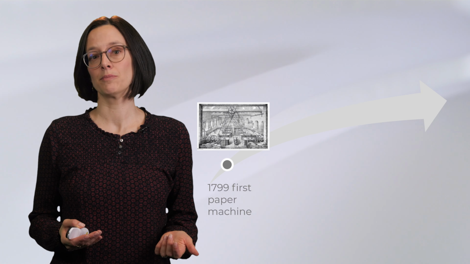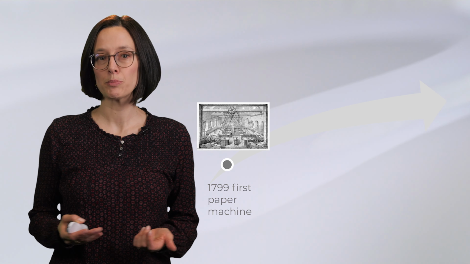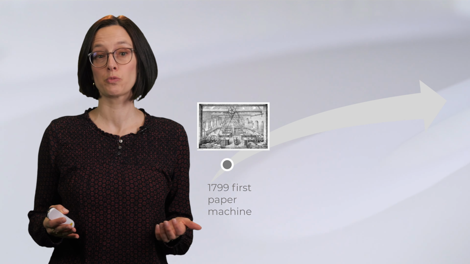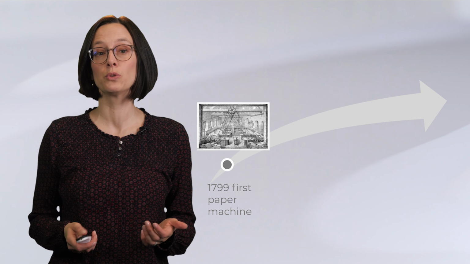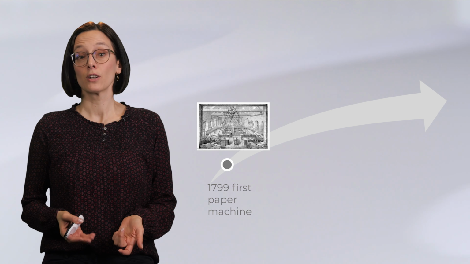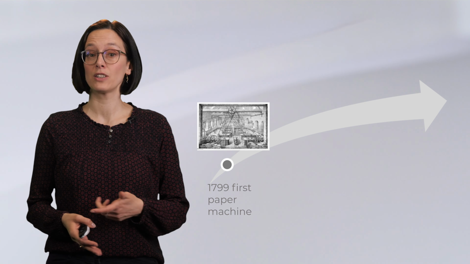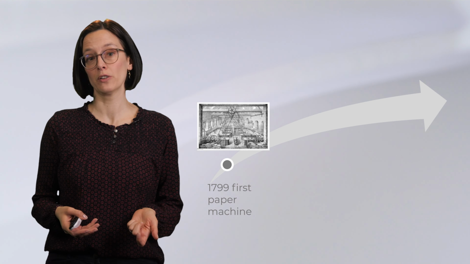As continuous production was implemented in other areas, other technologies emerged. For example, the first paper machine in 1799. Obviously, industrial paper production changed the way we produce paper and changed the way we communicate with each other. Continuous manufacturing can be applied to a large variety of fields.